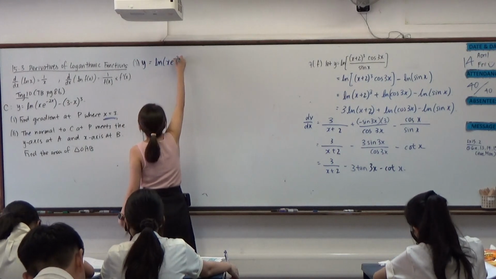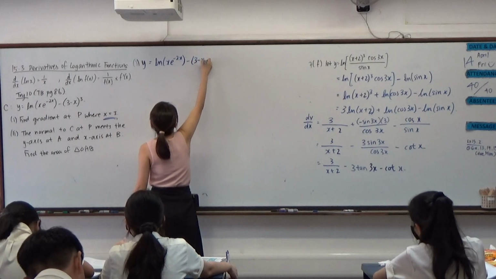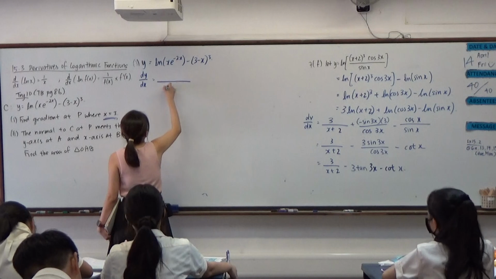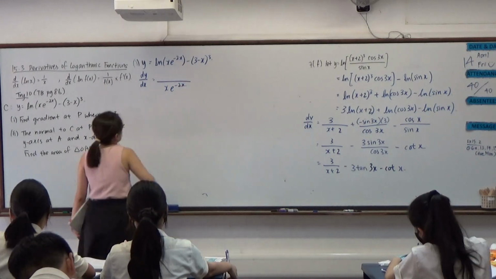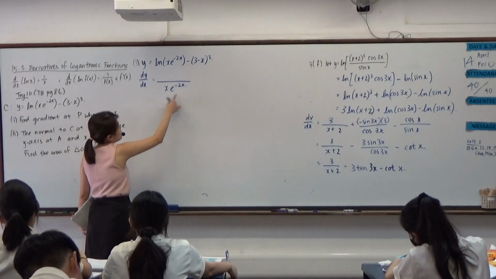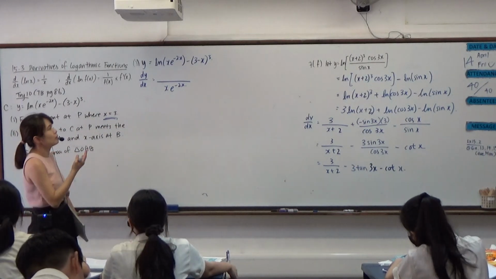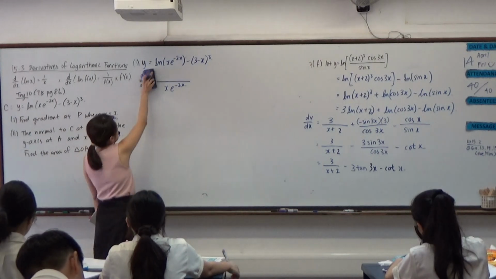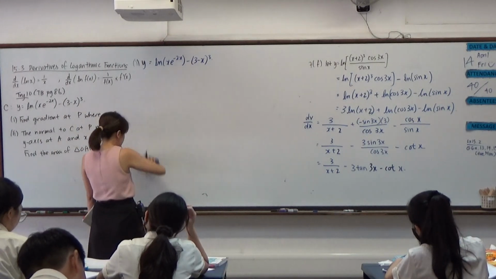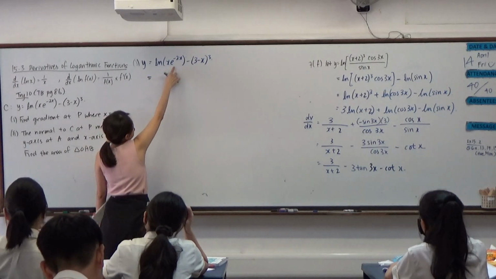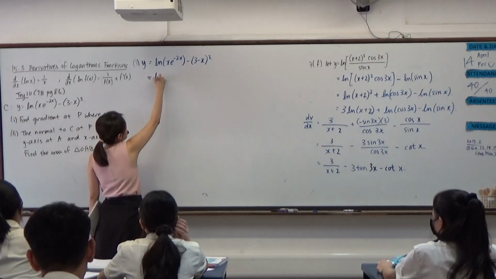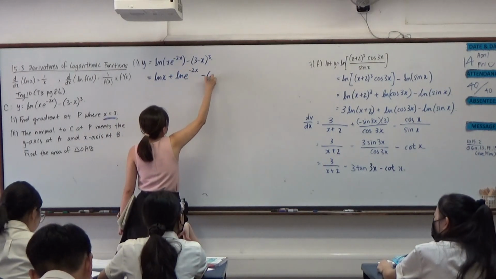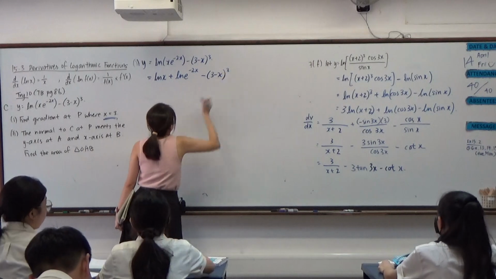Given this, our dy over dx will be 1 over whatever function we have, and then if you want you can do your product rule, but you realize that it is challenging. What will be better is that since it is a product, you can simplify that first. You can write it as ln x plus ln e to the power negative 2x over 3 minus x cubed.